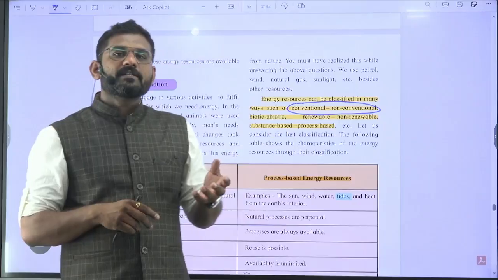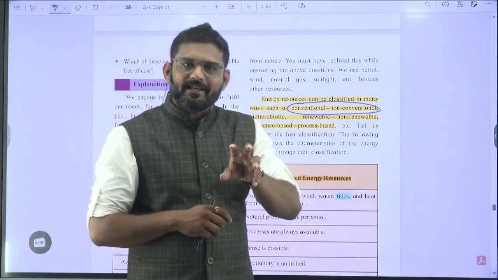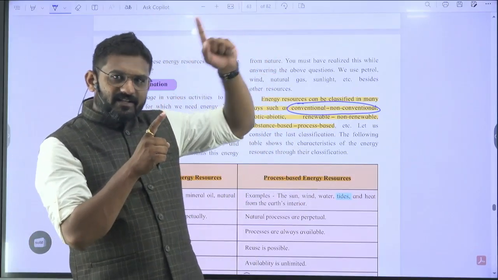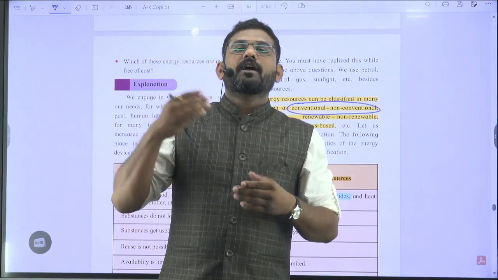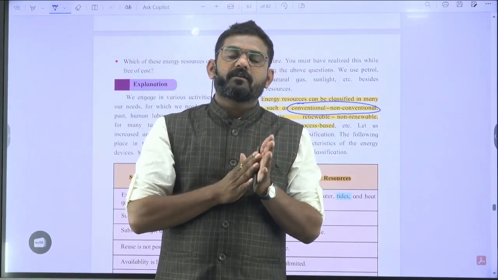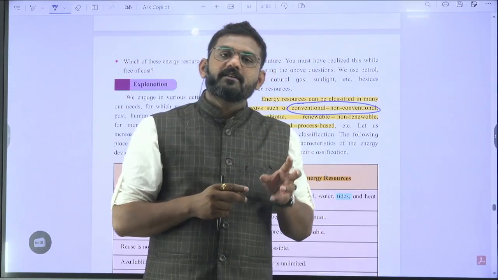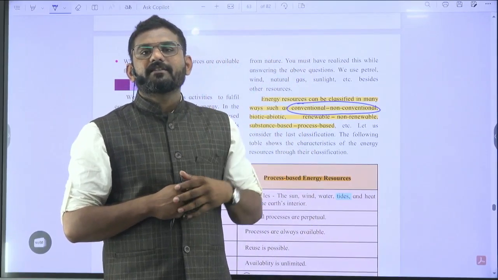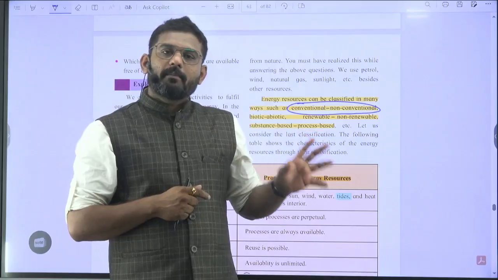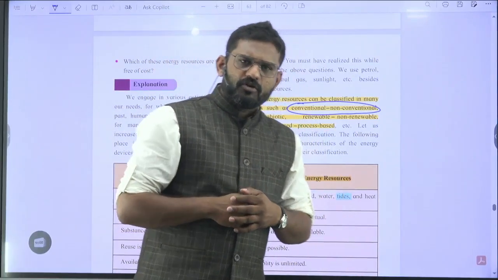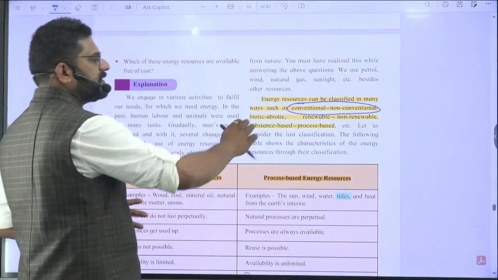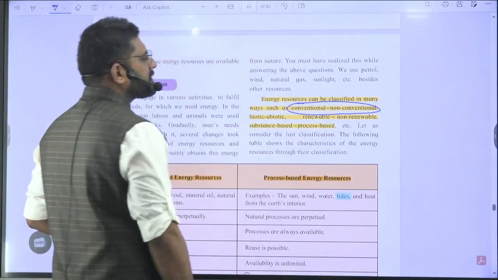Non-conventional means if I am using electricity generated from the sun, then it is non-conventional. It is not a convention to use solar energy. But conventionally, petrol is used.